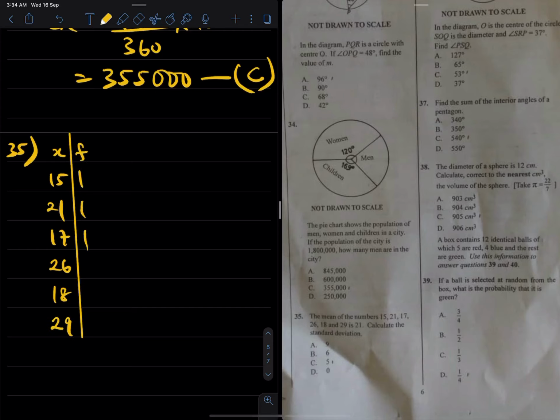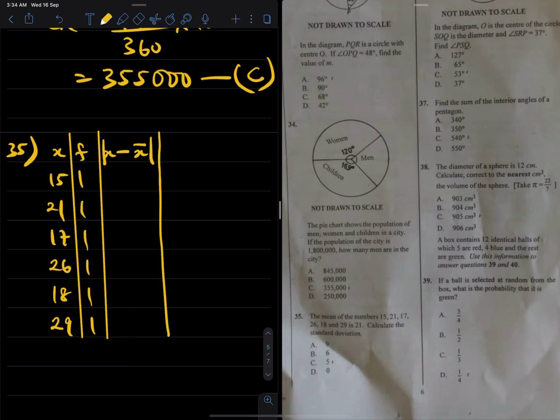Frequency 1, 1, 1, 1, 1, 1. And then we need x minus mean, the absolute value of x minus mean, and then the square of that.